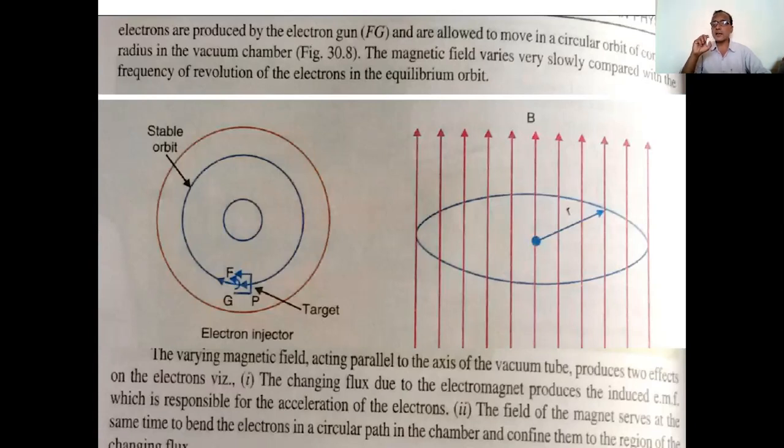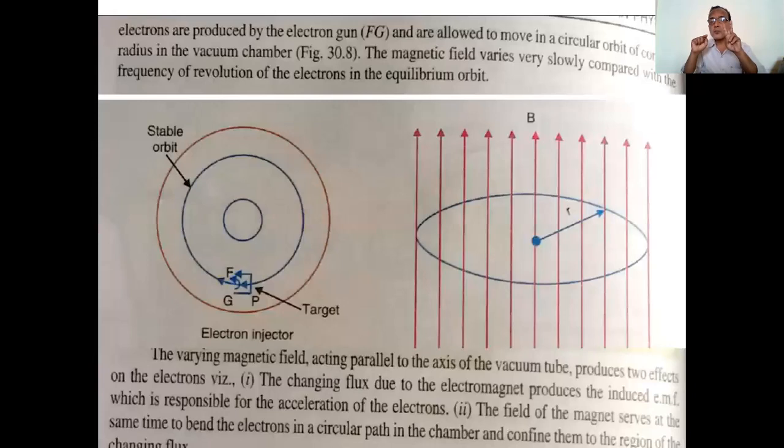Now you can see here, these red lines which I have shown are the induction of the magnetic field, or in other words, the magnetic lines of force. This magnetic field is responsible to make the electrons move in a circular orbit, isn't it?